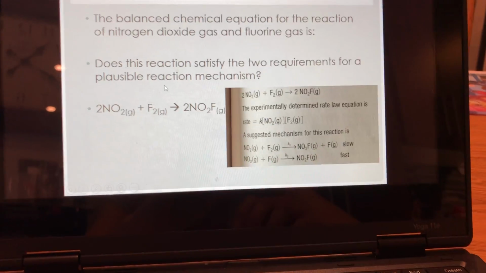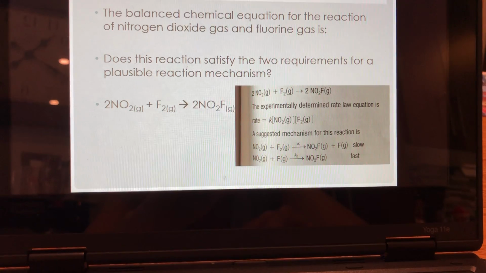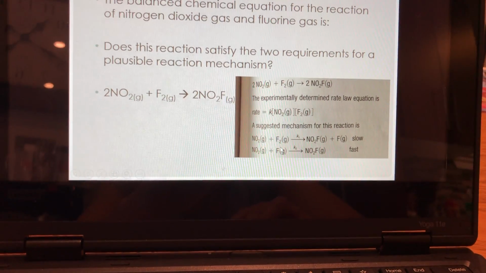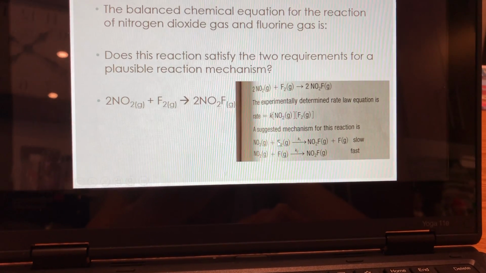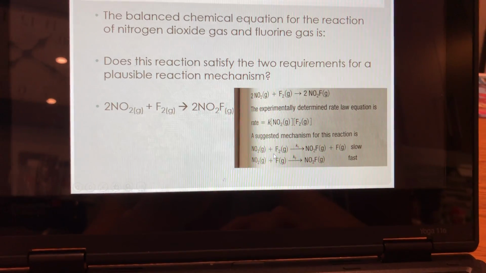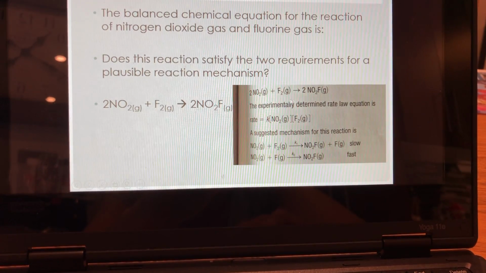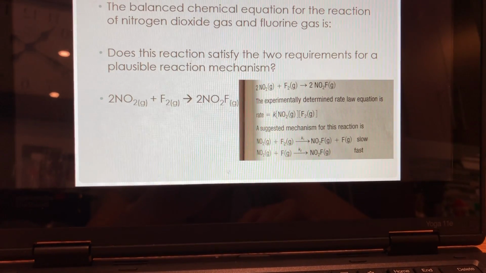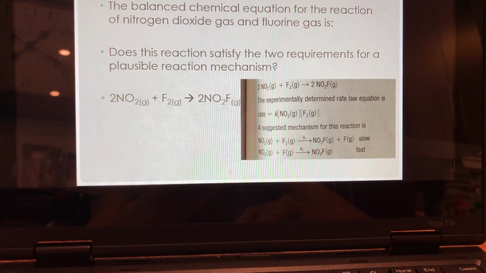First of all, let's go over the 2 requirements to check if this reaction mechanism actually works. The first requirement is, do these 2 steps add up to get to your overall reaction using Hess's law? That's what we're going to start off with first.